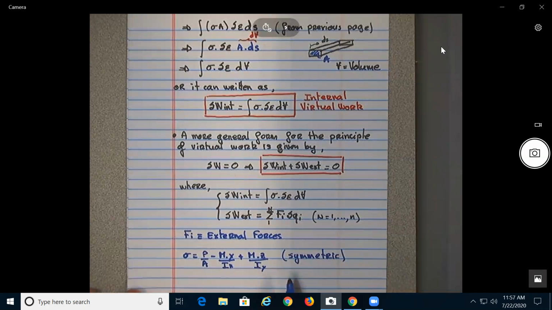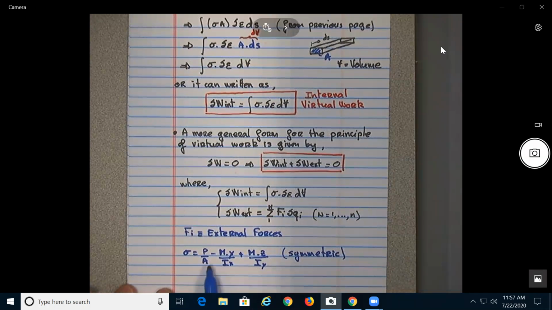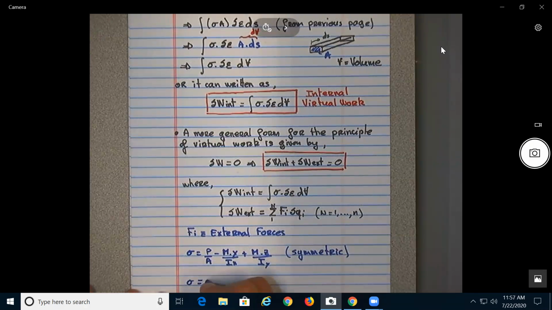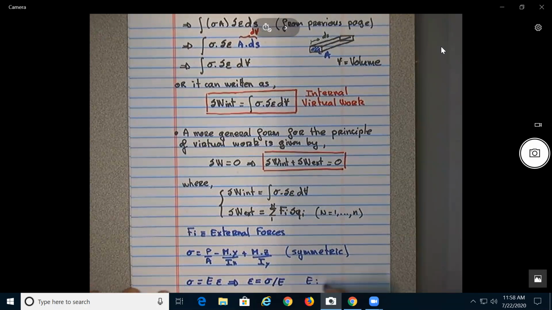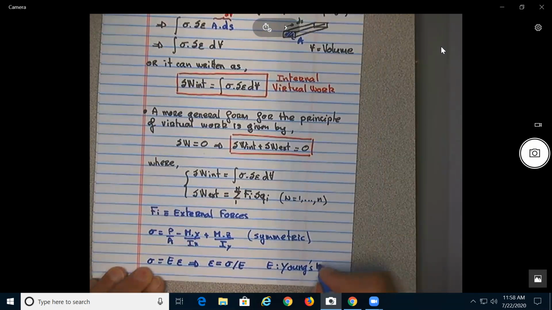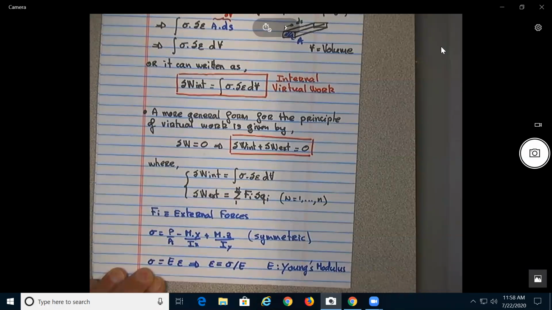So depending on what type of loading the structure will be subjected to, you would take one component, the P over A, or you will take the bending, or you will take both of them, or you will just take one. And then the strain, this term over here, you will get it from where? From Hooke's law. This is equal to E epsilon. So you have here that your epsilon will just be equal to the stress divided by the Young's modulus, but it is generally known as the modulus of elasticity, okay?